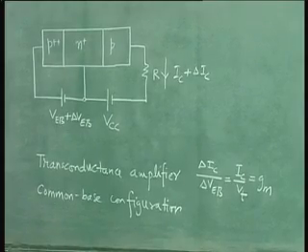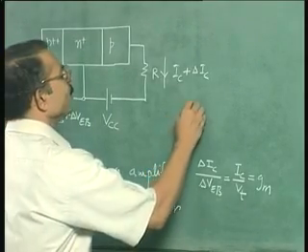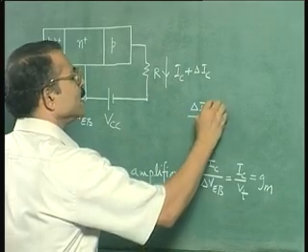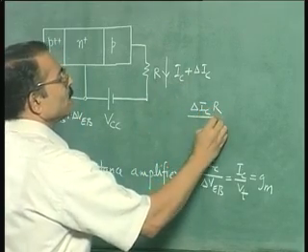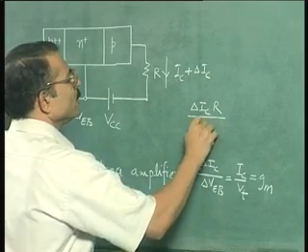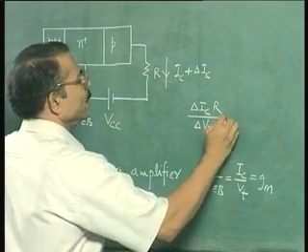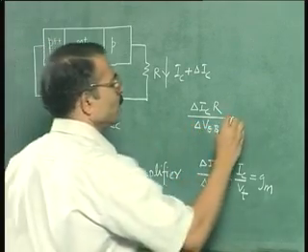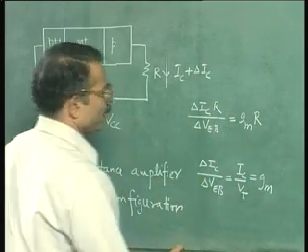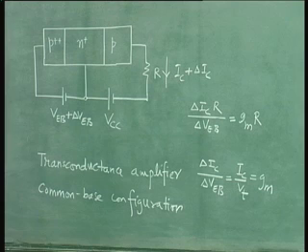Now the voltage amplification is given by delta IC into R, the small signal output voltage, divided by the input increment, delta VEB, and this is equal to Gm times R. This is the voltage amplification.